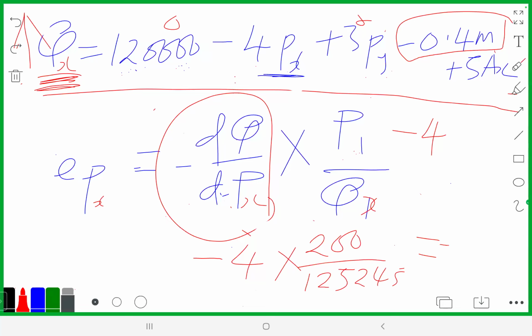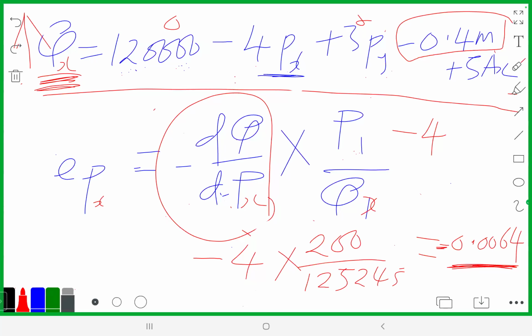It's negative 0.0064. Okay. That is the price elasticity at the current production.